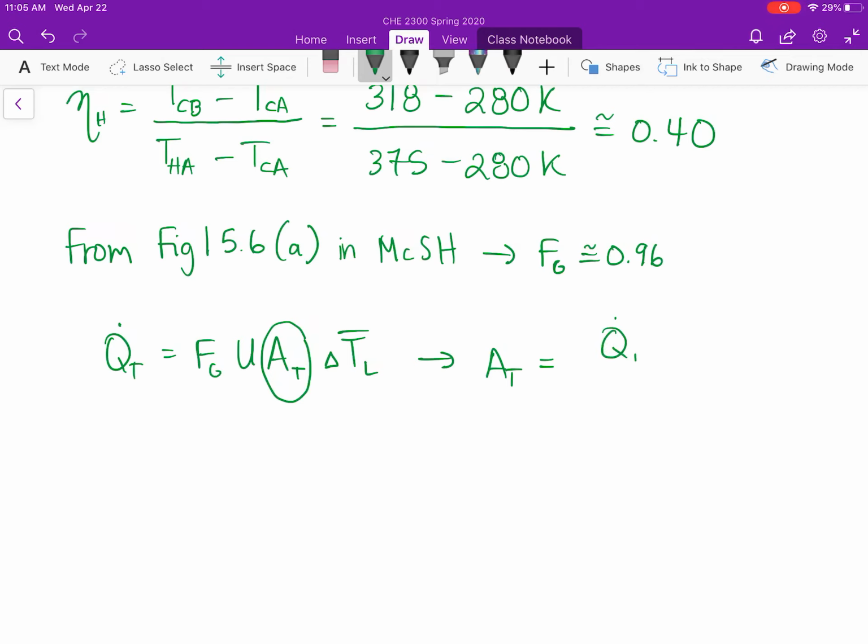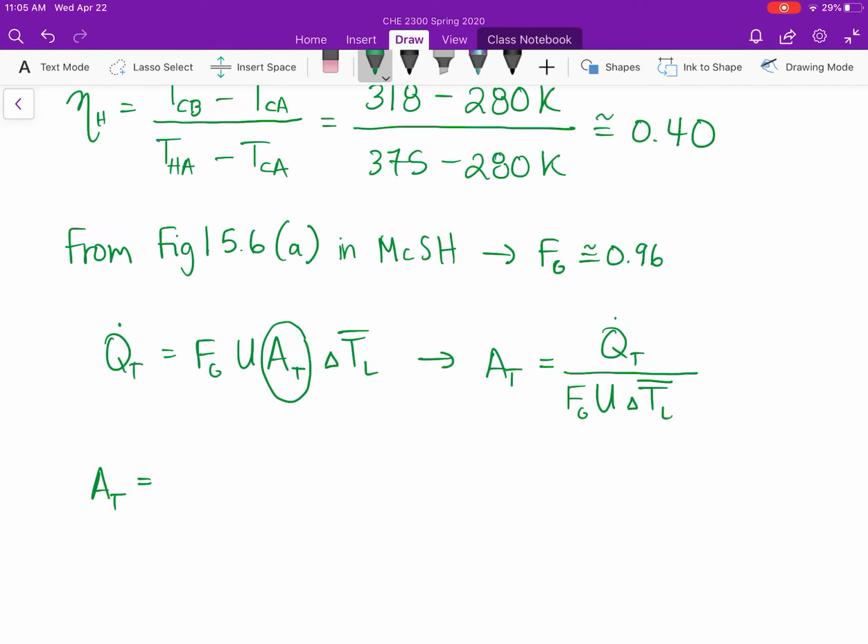So we get the total area of heat transfer is equal to the rate of heat transfer divided by our overall heat transfer coefficient multiplied by our log mean temperature difference, and then of course we have our correction factor.